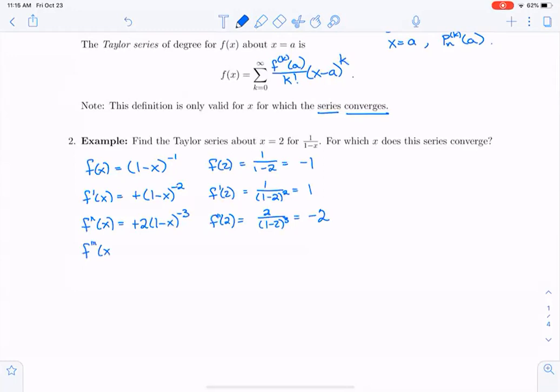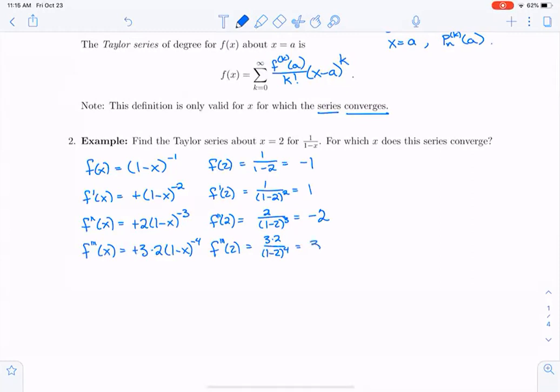The third derivative is going to be a negative 3 times 2 times 1 minus x to the negative 4 times a negative 1, so that becomes positive. So the third derivative at 2 is actually 3 times 2 over 1 minus 2 to the 4th. 1 minus 2 to the 4th, that's negative 1 to the 4th, or 1.